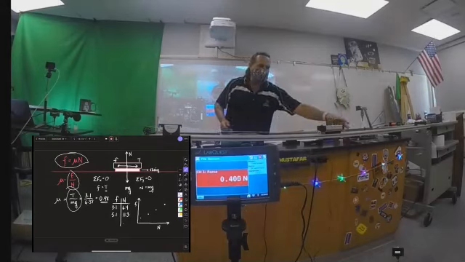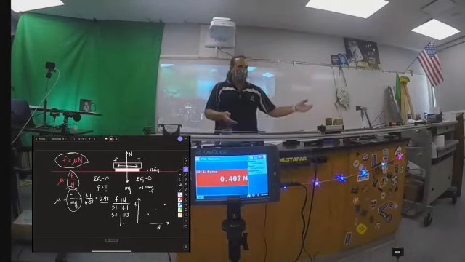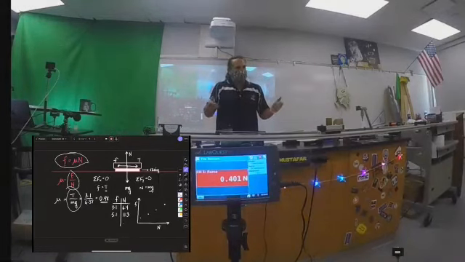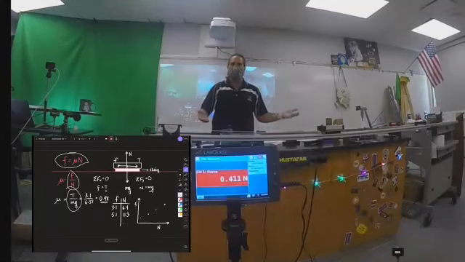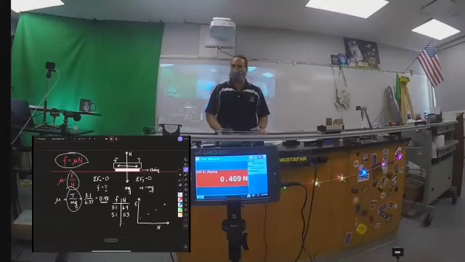It would require that you tapped on the car to get it started because you had to break static friction. But it was a similar method. The problem with this method, and one reason I would not do it as a lab any longer, is you have to find the perfect amount of weight to put here for it to move. And that usually is very difficult. It's almost always going to accelerate and not just slide at constant velocity. So not a better lab, probably a worse way to do it.